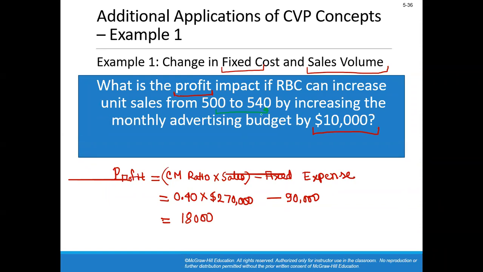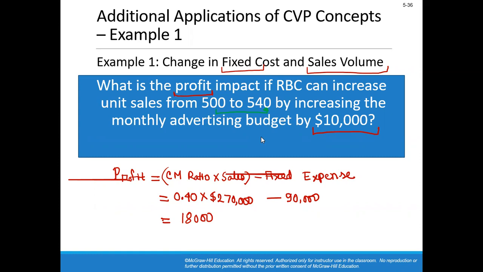In the previous case our profit was 20,000, but in this new scenario our profit has gone down by 2,000 to 18,000. So you see how the contribution margin ratio analysis is helpful: it tells us what the profit will be if we change the sales unit while increasing our fixed expenses in terms of monthly advertising budget.